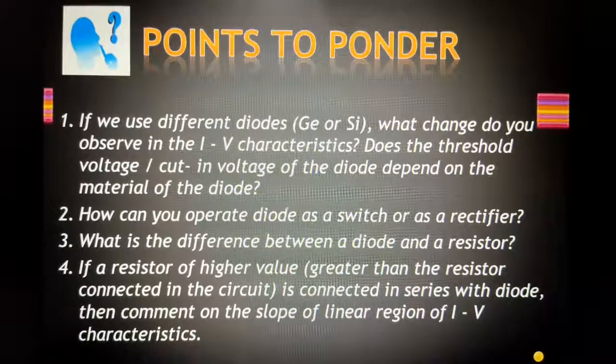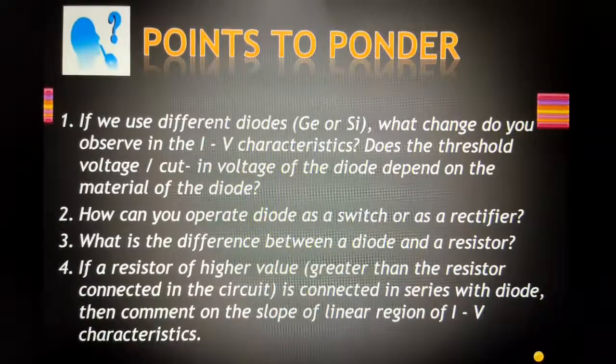Points to ponder. If we use different diodes made of germanium or silicon, what change do you observe in the IV characteristics? Does the threshold voltage or knee voltage or cut-in voltage of the diode depend on the material of the diode? How can you operate a diode as a switch or as a rectifier?